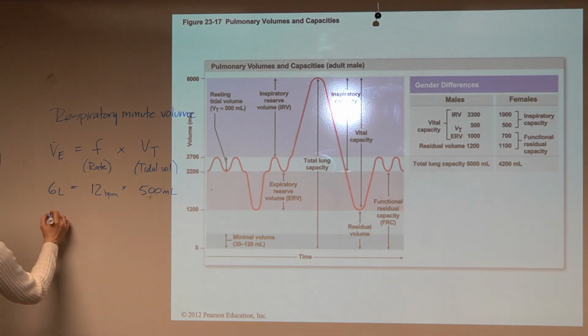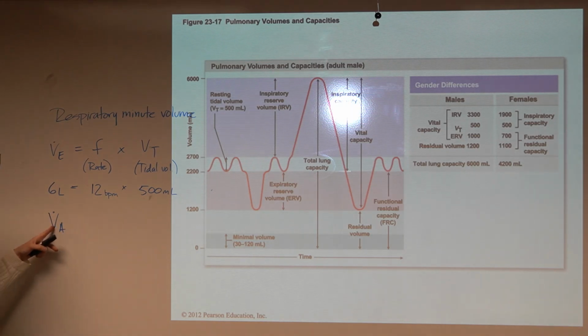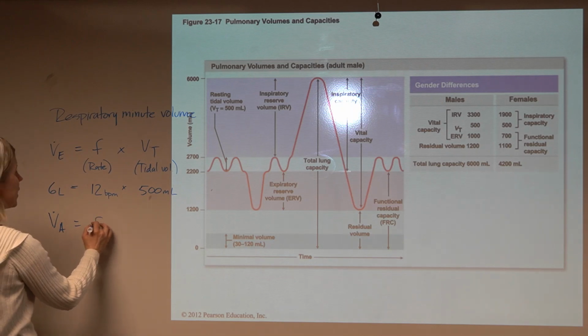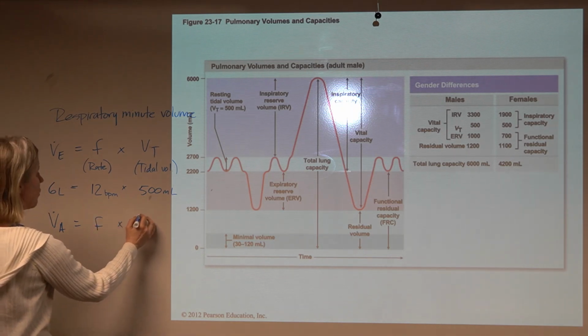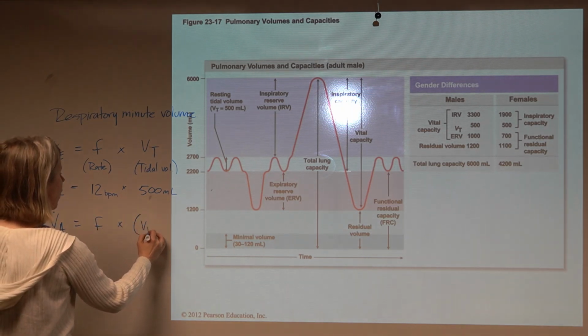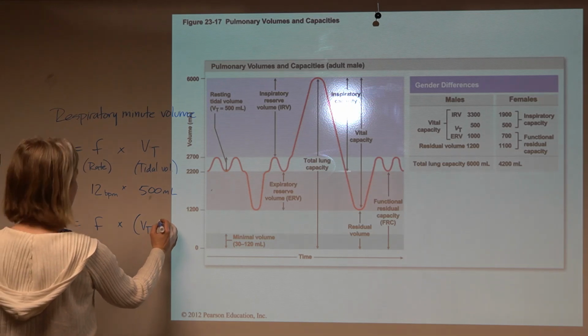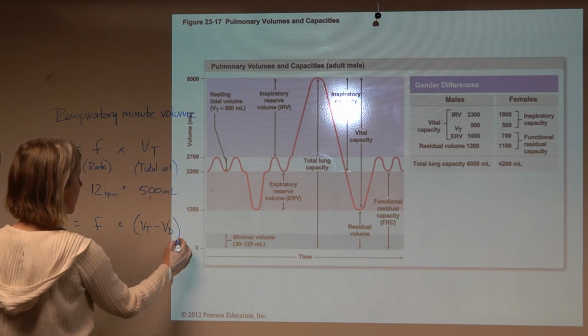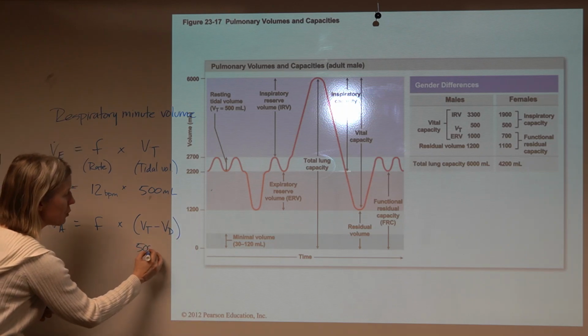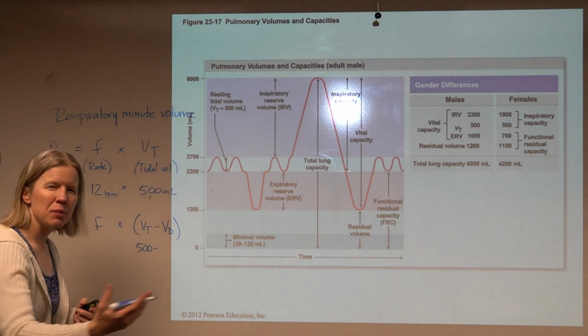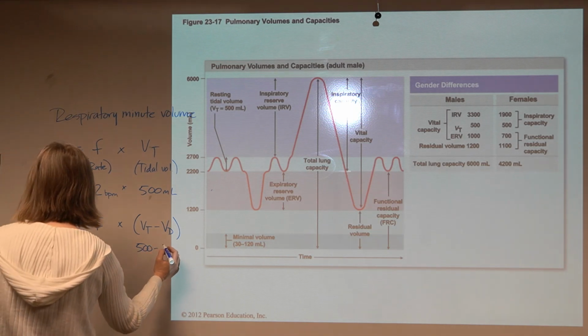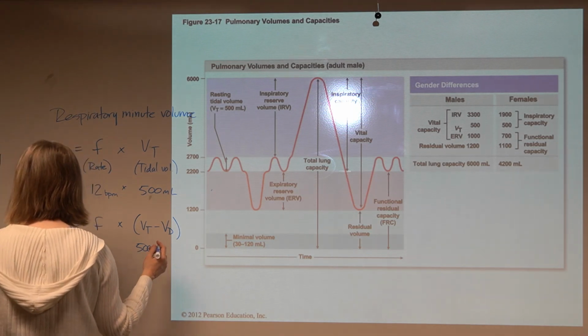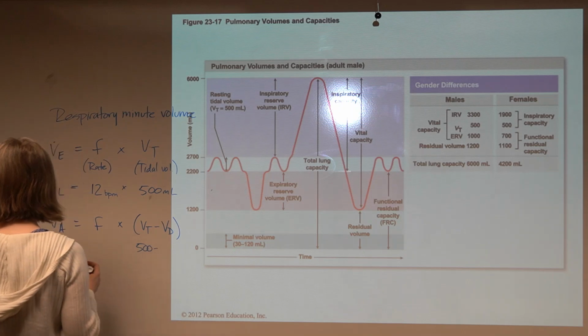We call that alveolar ventilation, ventilation to the alveoli, and that is the breathing rate times tidal volume minus the anatomical dead space, the volume of the dead space. So our tidal volume is still around 500. That dead space is about 150 mils, I think is what they typically use.